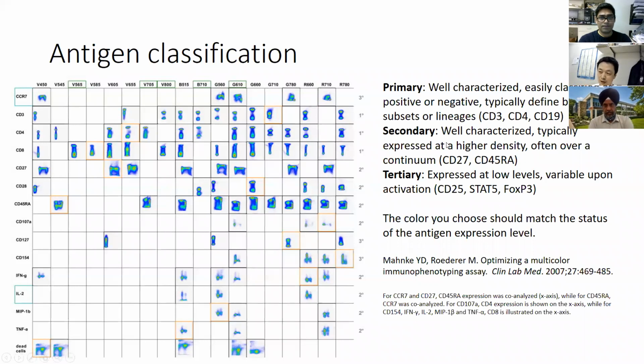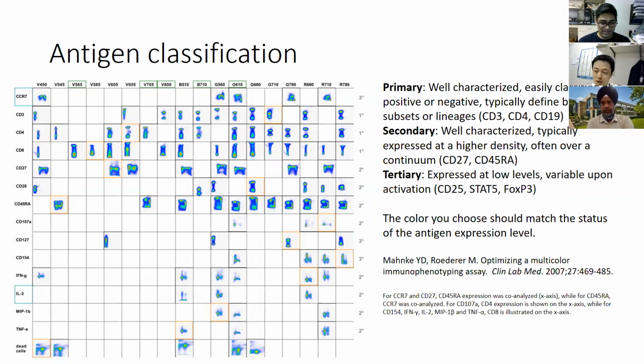And secondary is such as CD27, CD45RA, which is also well defined, but usually the expression is not very well separated. So there is always something in the middle between negative and positive. So we call this secondary. The third one is tertiary, such as CD25, FOXP3.